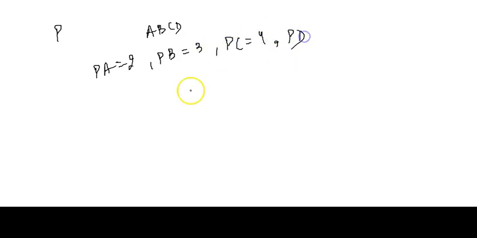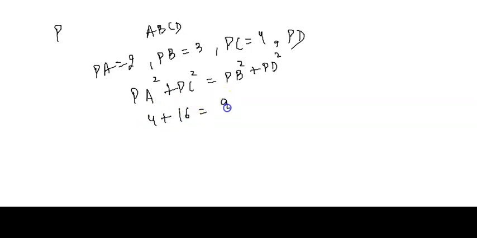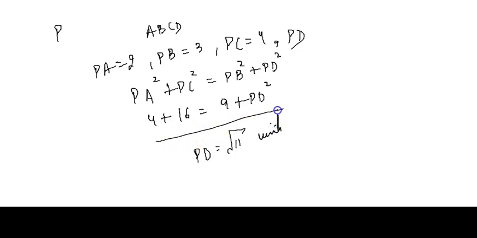So you can directly calculate it using the British flag theorem. PA square plus PC square will be equal to PB square plus PD square. Just substitute these values. PA square will be 4, PC square will be 16, PB square is 9, and we have to calculate the value of PD. So PD will be root 11 units.